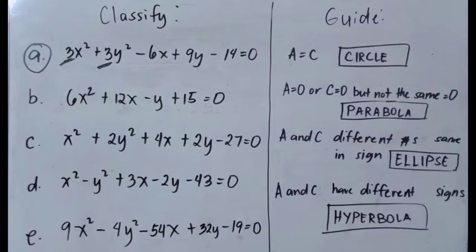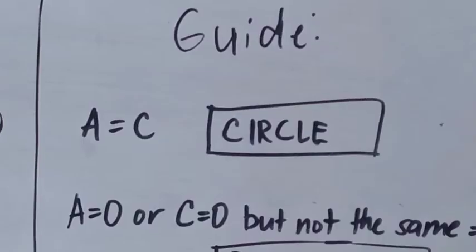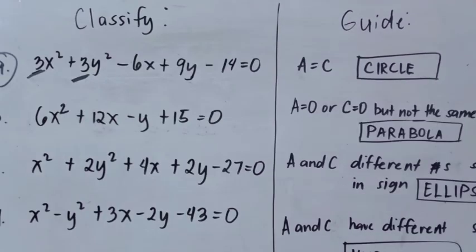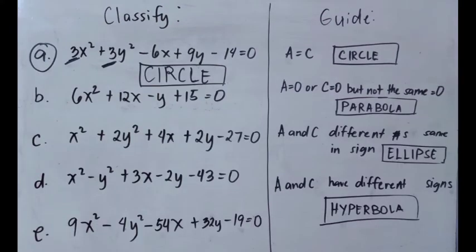We have the coefficient 3. So in our guide, if a is equal to c, meaning the coefficients of x squared and y squared are the same, as in our first example, we have 3, so that equation forms a circle.